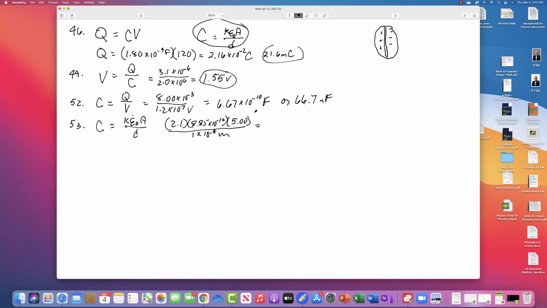And so if you do the calculation there, the capacitance is going to be 9.29 times 10 to the minus 7 farads, or 0.929, let's say, 0.93 microfarads.